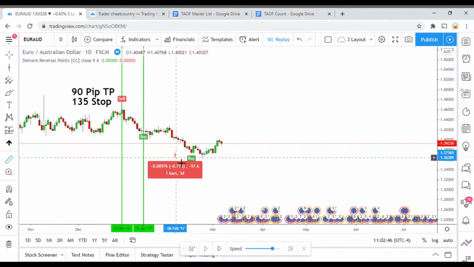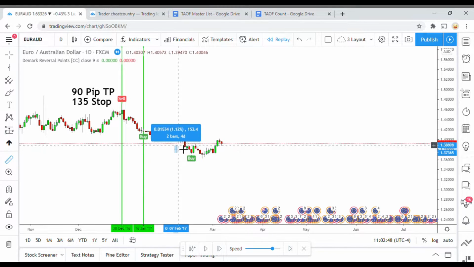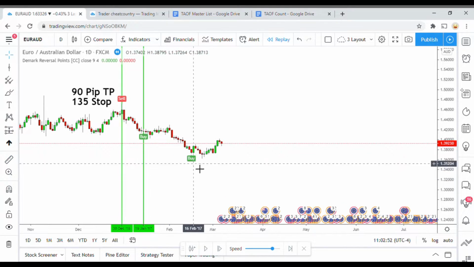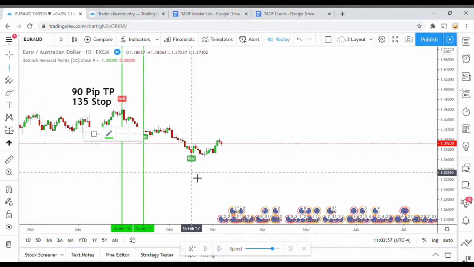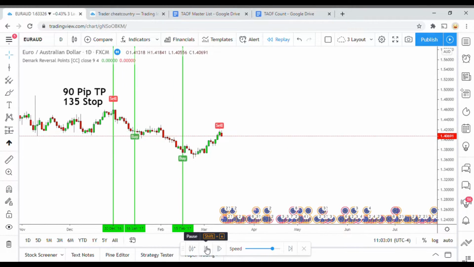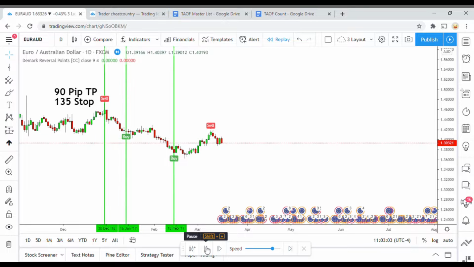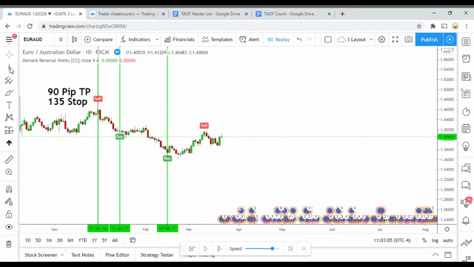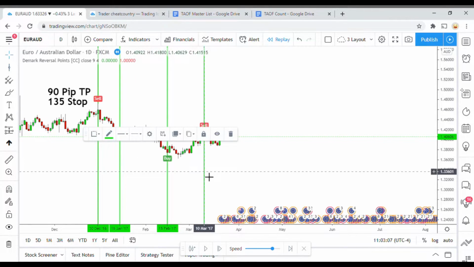Let's see, dropped out here. Did not stop us out there. See, we actually got take profit on that bar right there. So far so good on this one. There, threw a sell.